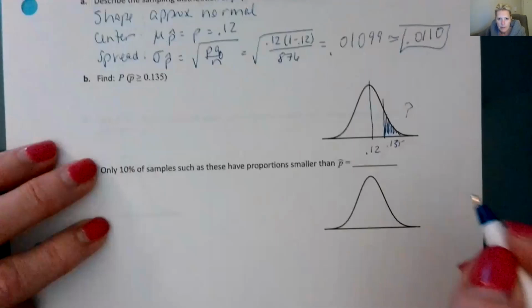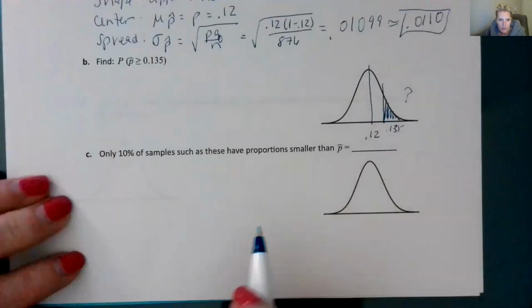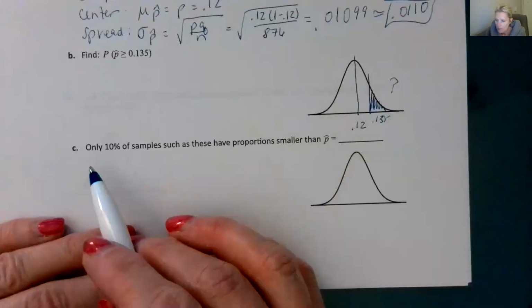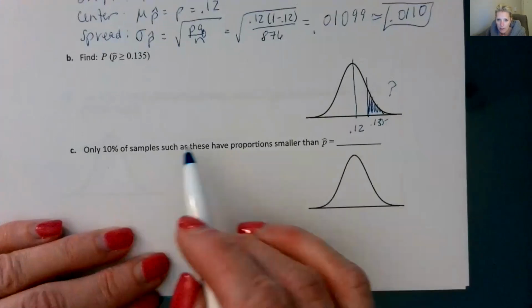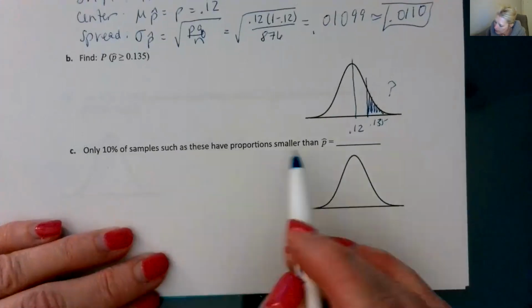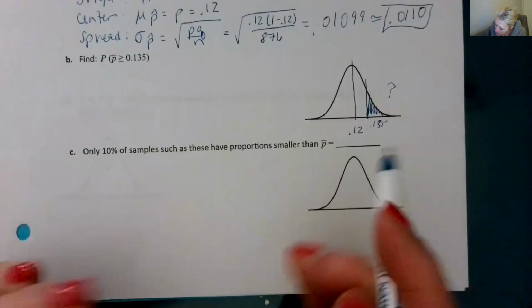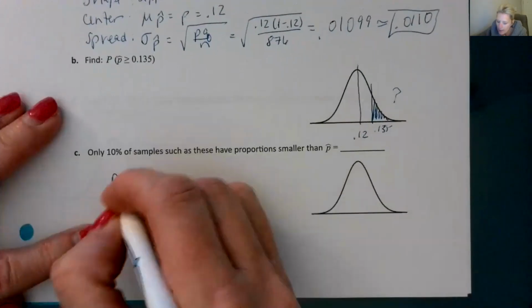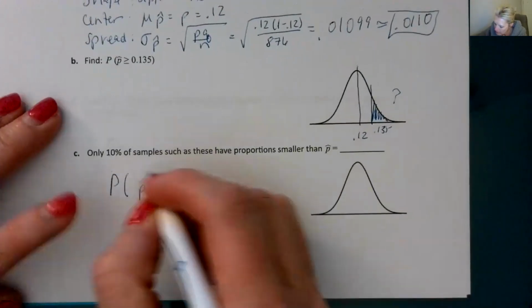And then part C's picture says only 10% of samples such as these have proportions smaller than p hat equal to what? Okay, so that is going to be the probability that p hat. Remember, in StatCrunch, it's going to say x.